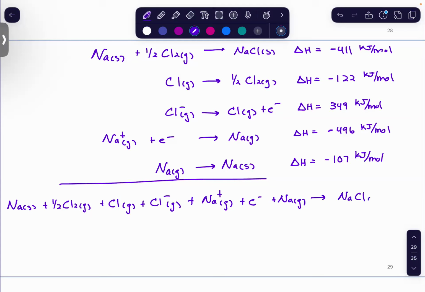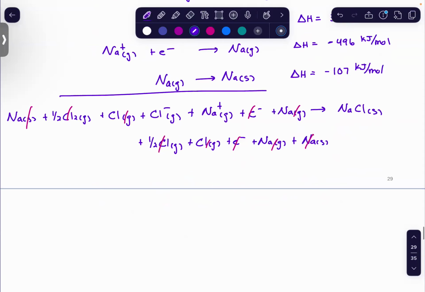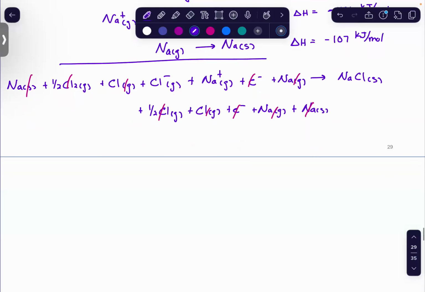So sodium chloride. And let's see what we have. Okay, so solid sodium's gone, 1/2 Cl2 is gone, chlorine gas is gone, electron is gone, sodium gas is gone, and I end up with the lattice energy equation that I need.